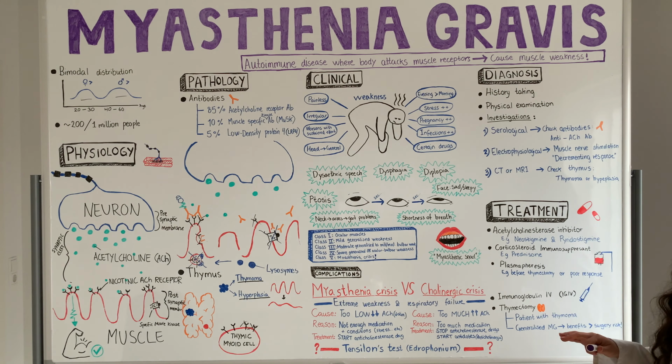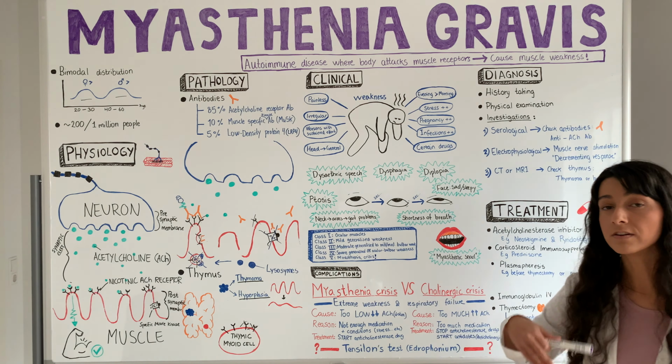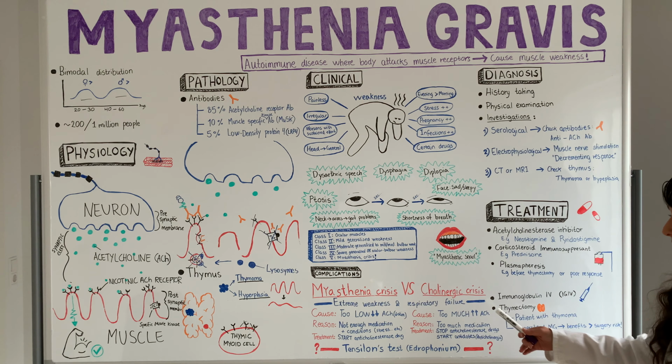When there's too much neurotransmitter in the neuromuscular junction, the receptors get overstimulated and overdriven, so they decide to stop working. And that's why we also see extreme muscle weakness and respiratory failure in cholinergic crisis.